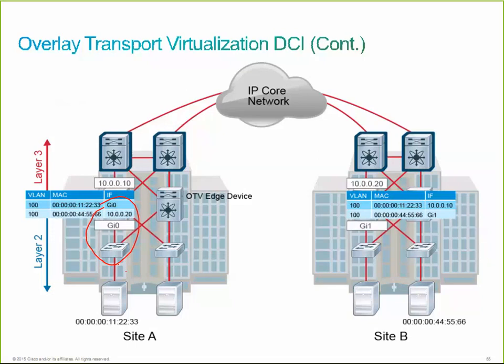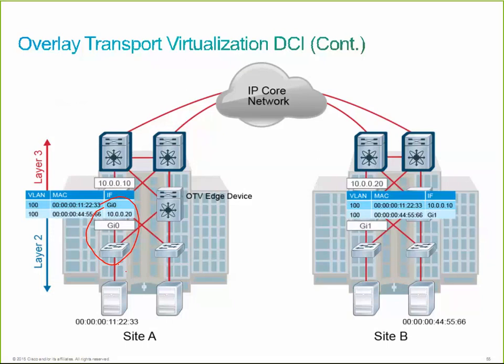It's going to send it across the IP network to all the other OTV edge devices. So MAC reachability information gets imported in the OTV edge device CAM table. The only difference with a traditional CAM entry is that instead of being associated with a physical interface, it's going to be associated with the originating OTV edge device information. Okay?